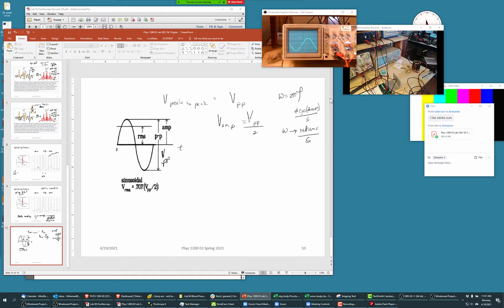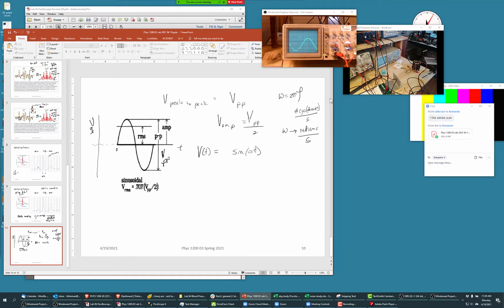Oh, and once again, I forgot a really cool video to show you how circular motion and sine waves relate. I'm going to find it and post it. So if I think of this as voltage on the y-axis, the voltage that you see on the screen as a function of time equals sine of omega t.